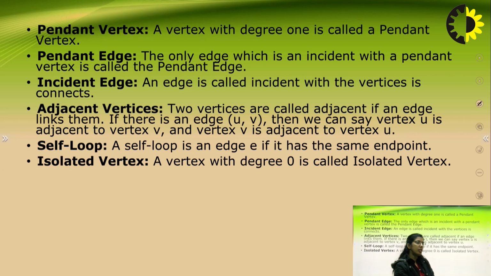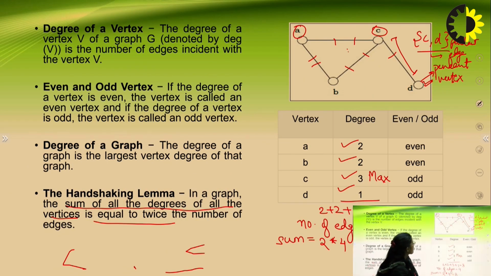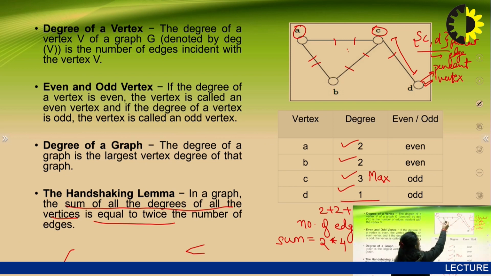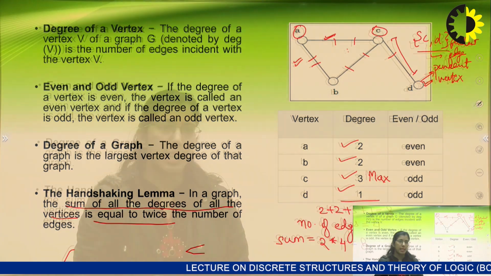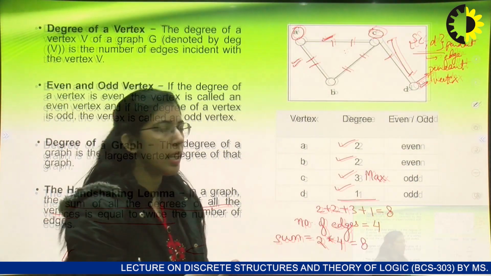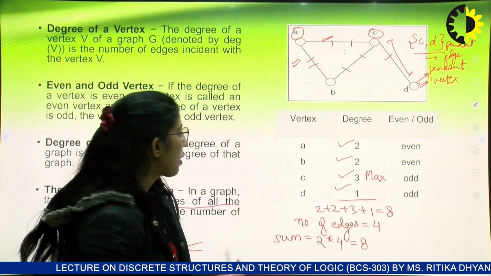Next is adjacent vertices. Two vertices are called adjacent if an edge links them. Let's say here, if we talk about this particular edge and this particular edge, both of these edges are incident on the same vertex. So these are adjacent edges.